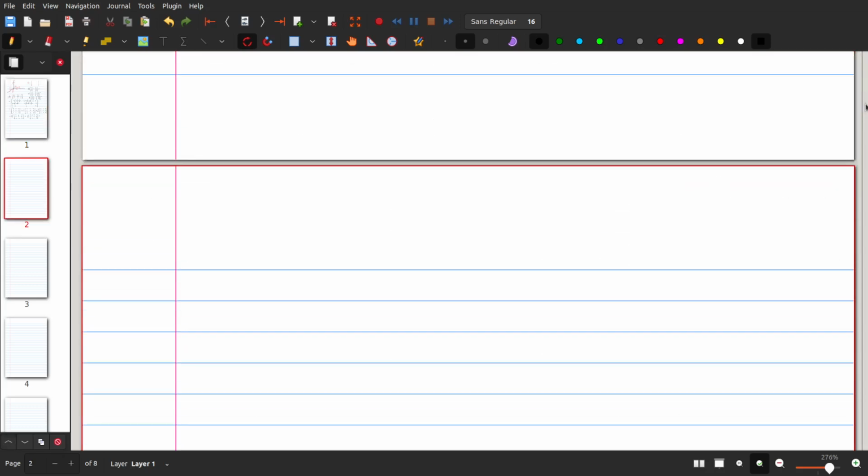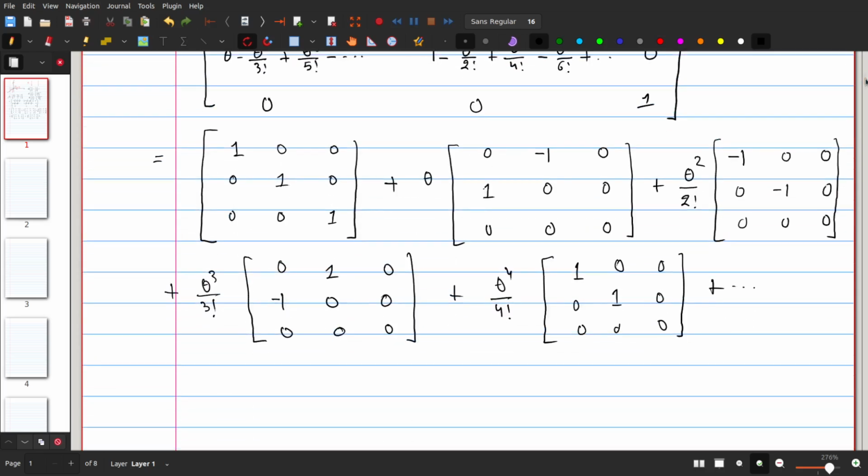Now in this series expansion, if we denote the coefficient of theta, this matrix, as Jz, then we notice that the coefficient of theta square by 2 factorial is nothing but jz square, the square of this matrix, the coefficient of theta cube by 3 factorial is jz cube, and the coefficient of theta 4 by 4 factorial is jz 4.